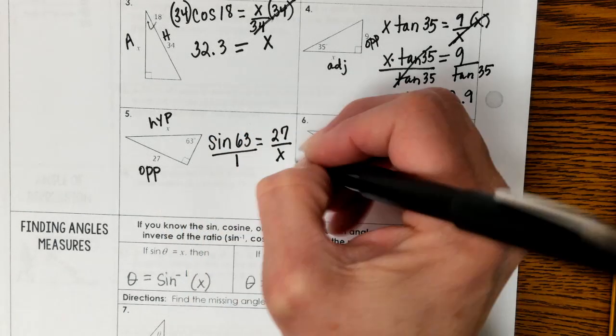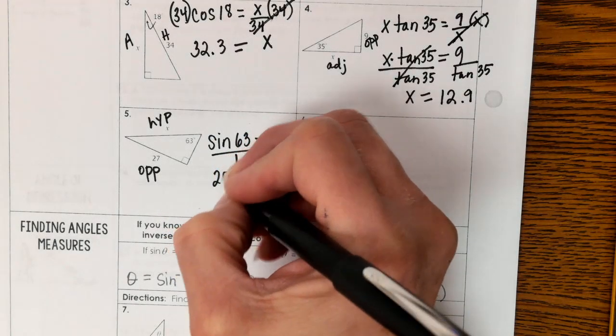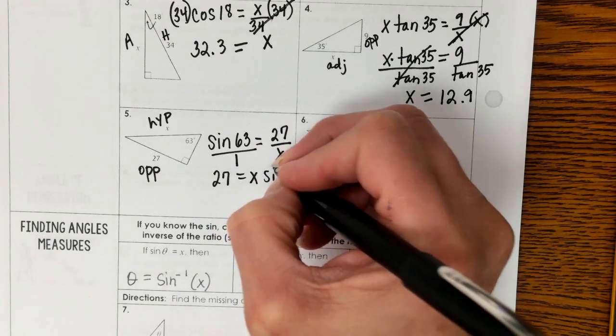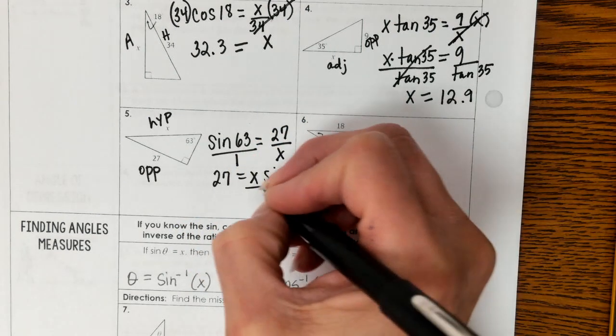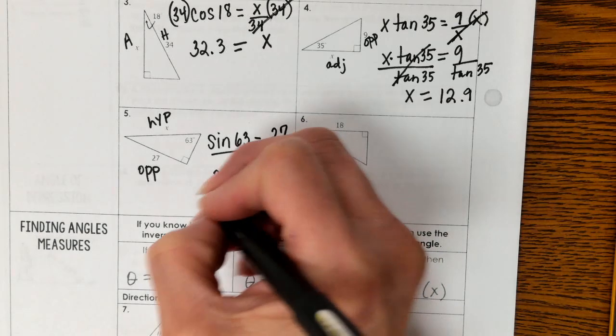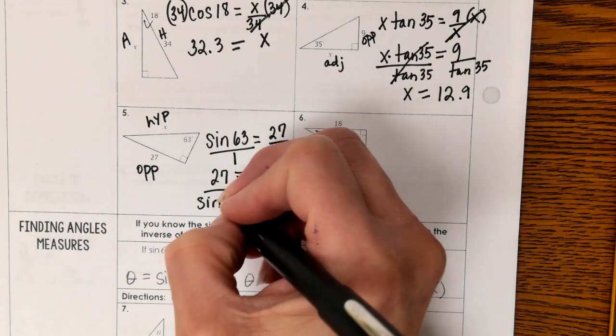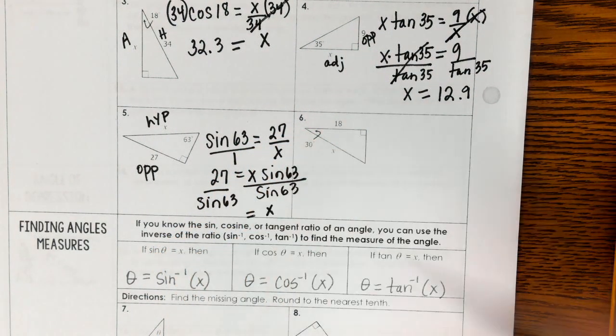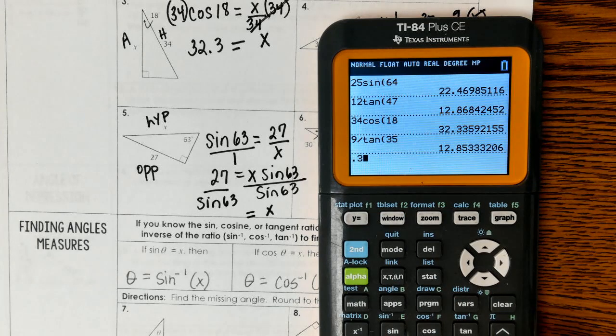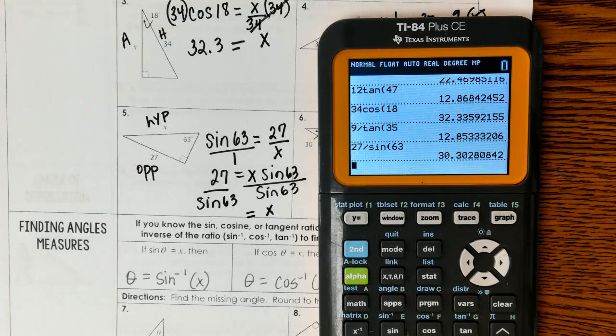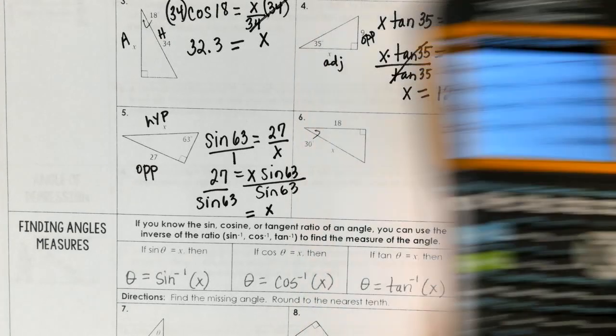If you want to put a 1 under and cross multiply, you would get 27 equals X times sine 63. You can divide by your sine 63 and put this in your calculator for your final answer. So it is 27 divided by sine 63, and you get a 30.3 as our answer.